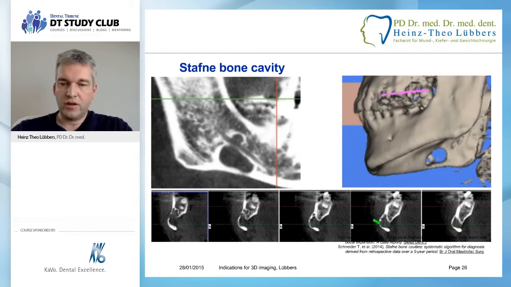The vestibular, the outer cortical plate is thin but intact, or it creates a closed surface, for example, in a non-dislocated fracture, where there actually is a small gap, but the algorithm is just calculating it away.